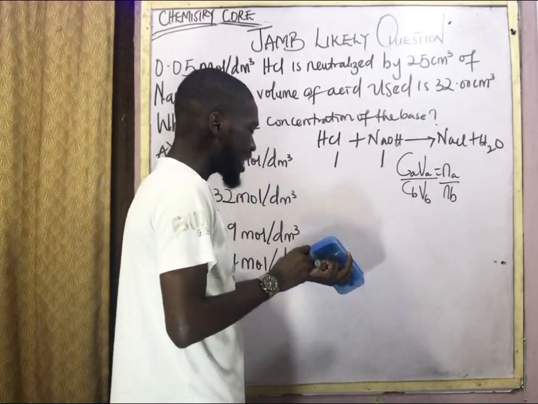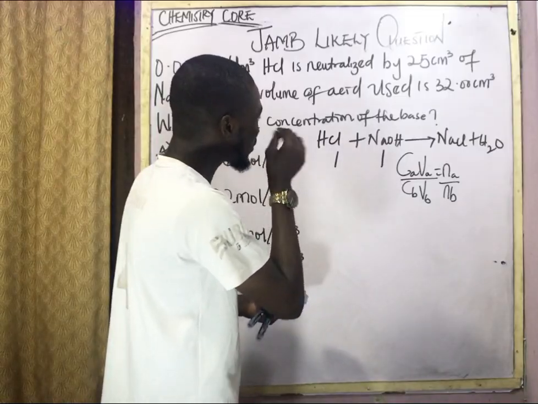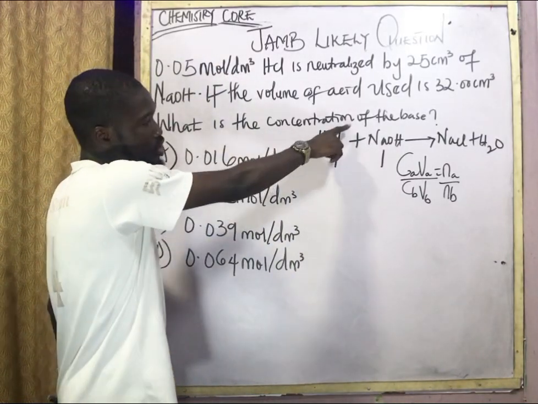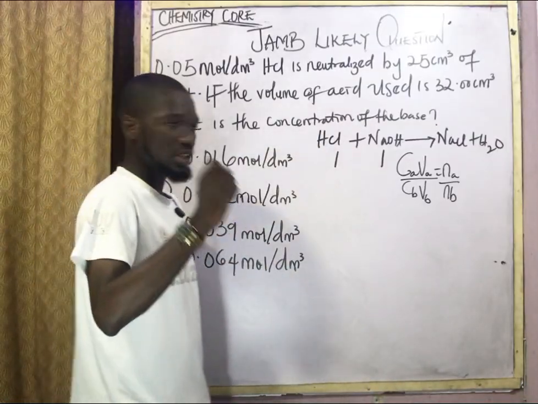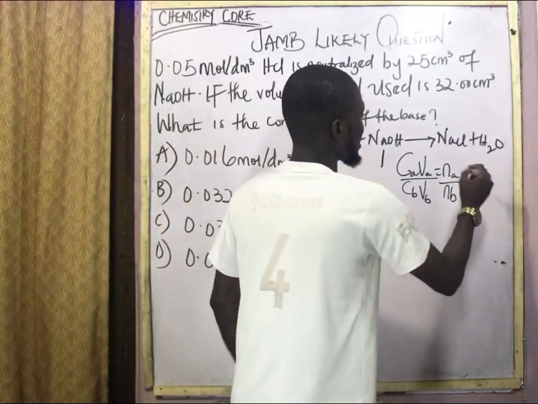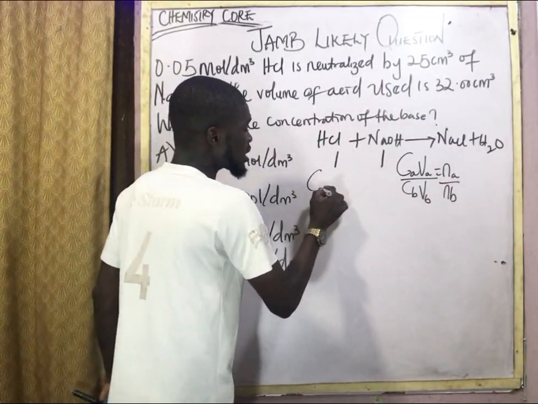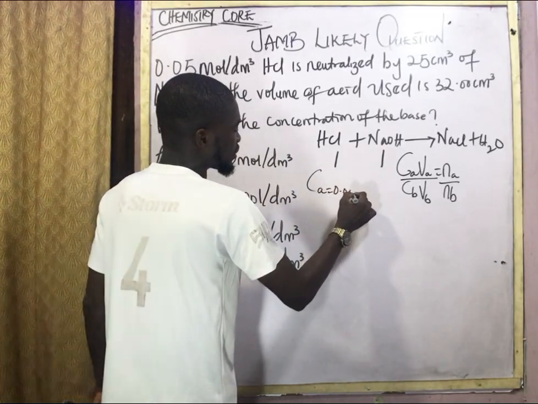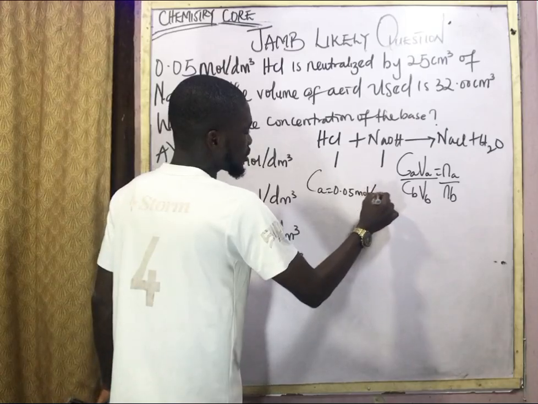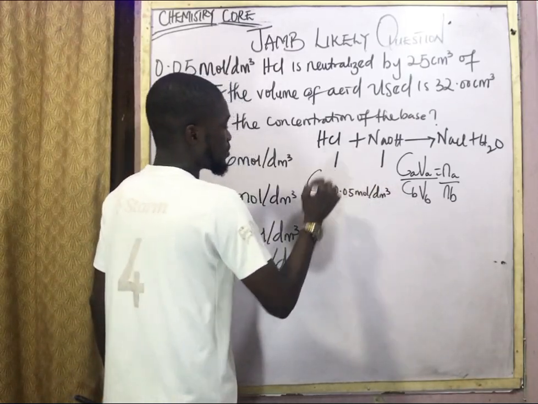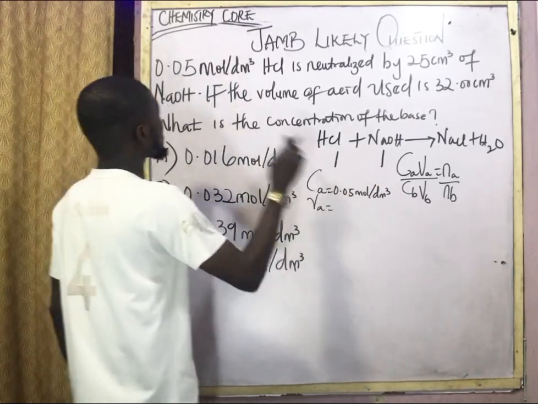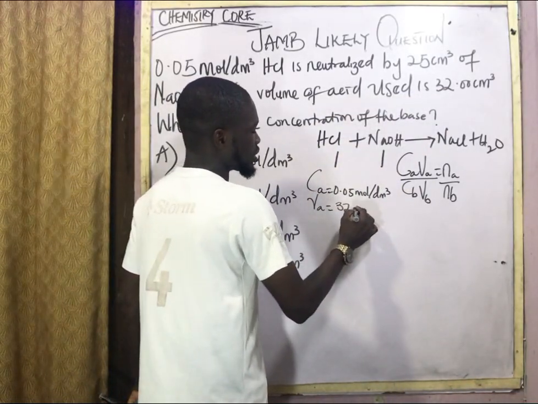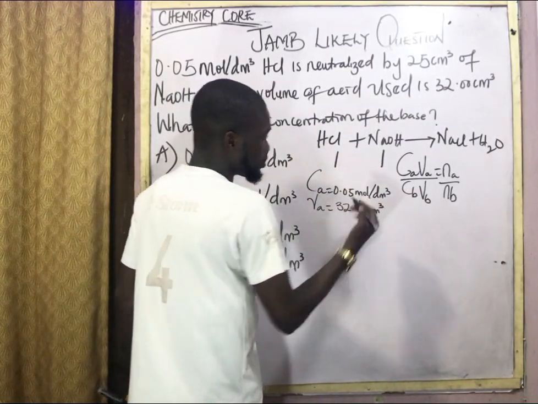Now, let's write out the parameters, and we know that it is stated clearly that we should look for the concentration of the base, which is Cb. So I can say that I have my Ca, the concentration of the acid, as 0.05 mole per dm³. My Va, the volume of the acid, I said if the volume of acid used is, we have 32 cm³.